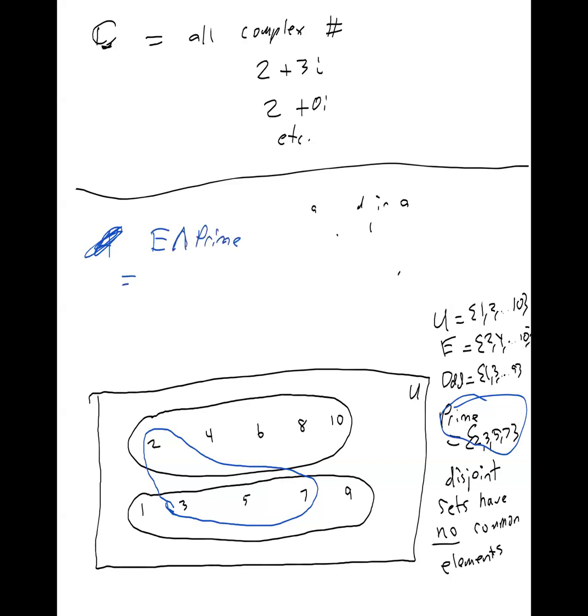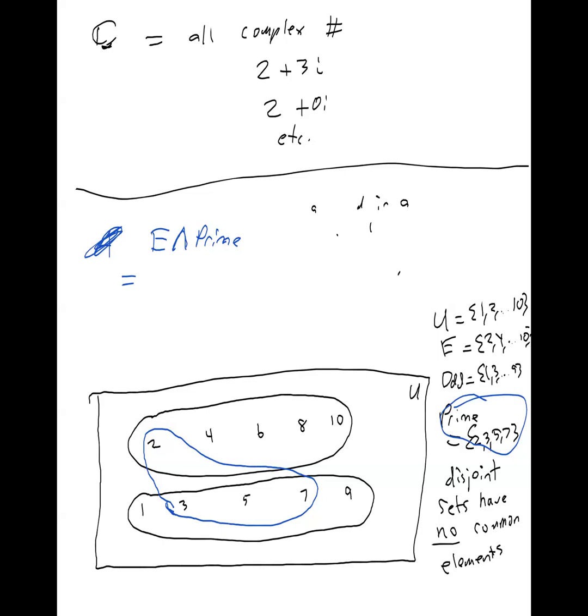What is the intersection of even numbers and prime numbers? What common numbers?